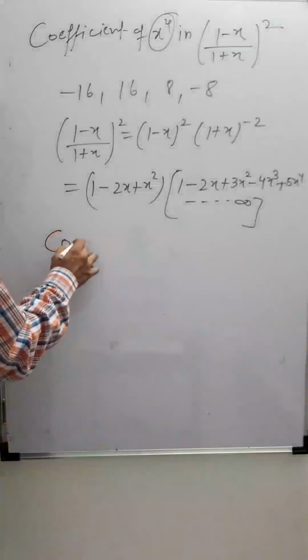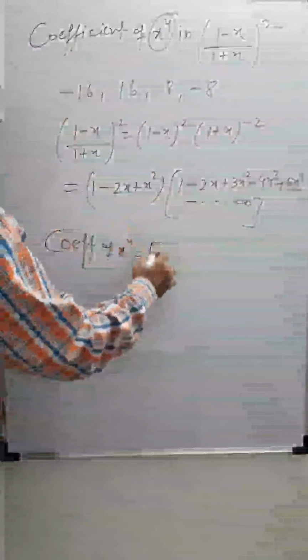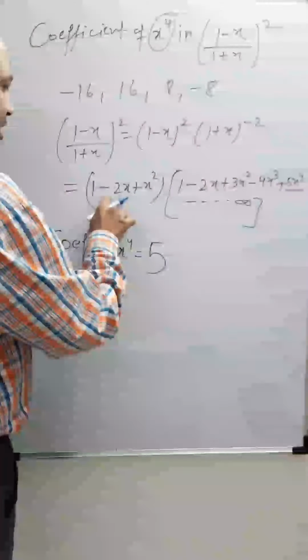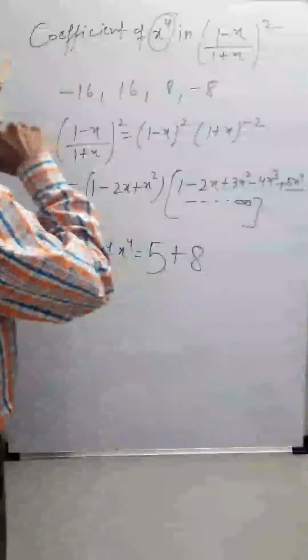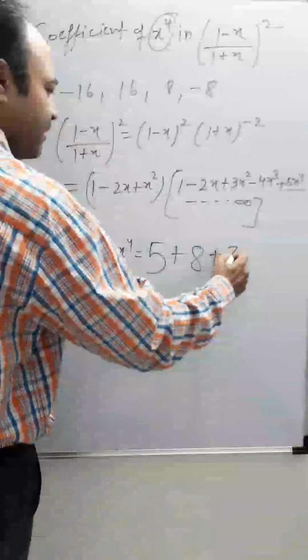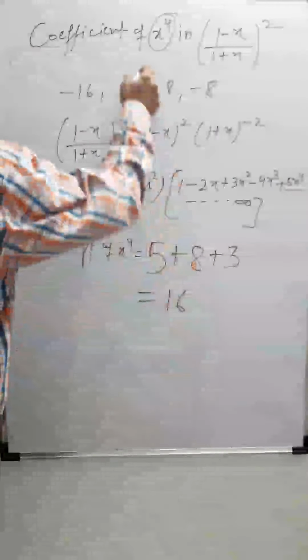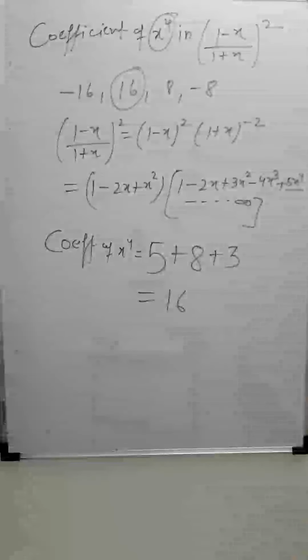So now the coefficient of x to the power 4: this into 1, so this is 5. Now x cube into this, so minus minus plus, this is 8. Then x square into x square, this is 3. Fine. So this will be 16. So the coefficient of x to the power 4 is 16.